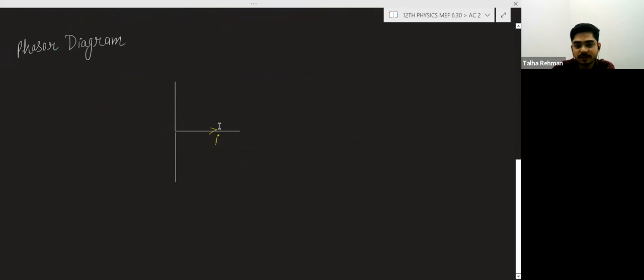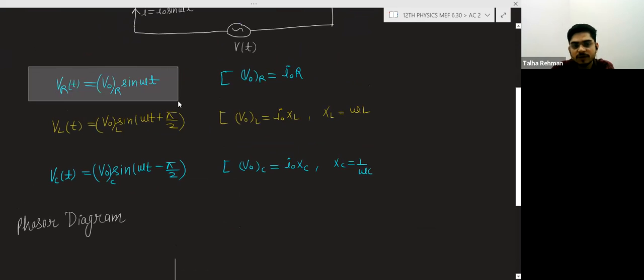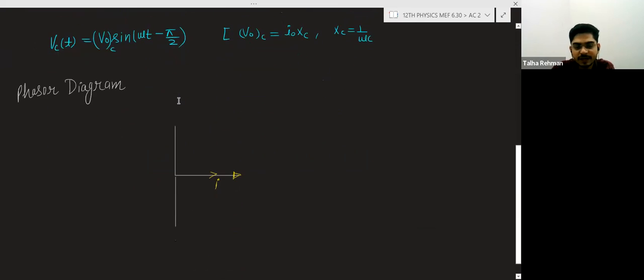So in this direction the voltage also will be there, because current and voltage are in the same phase in the case of the resistance. So this will be the peak voltage across the resistance. And I have told you the length of the arrow will give you the peak value of the voltage.